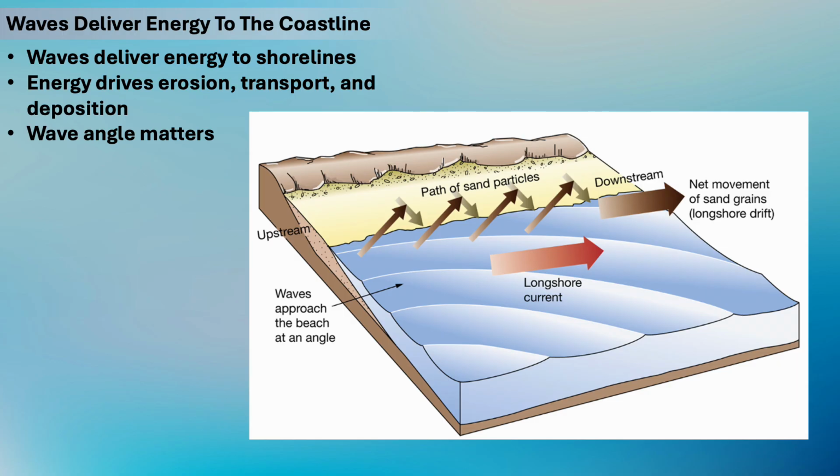Instead, it is converted into turbulence, water motion, and shear stresses that act directly on the sediments in coastal landforms. This is why coastlines are dynamic environments rather than static boundaries. They are consistently being worked on by incoming wave energy.